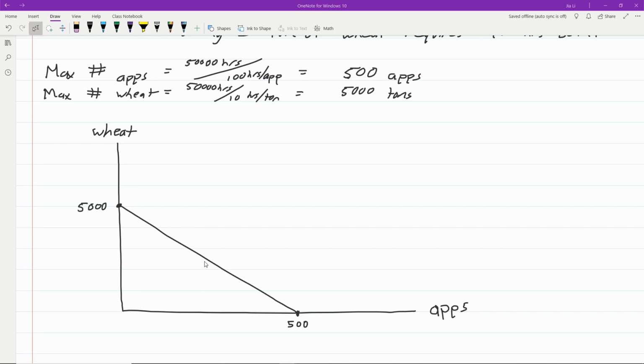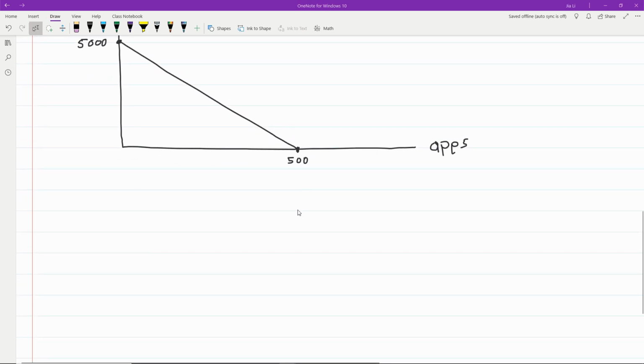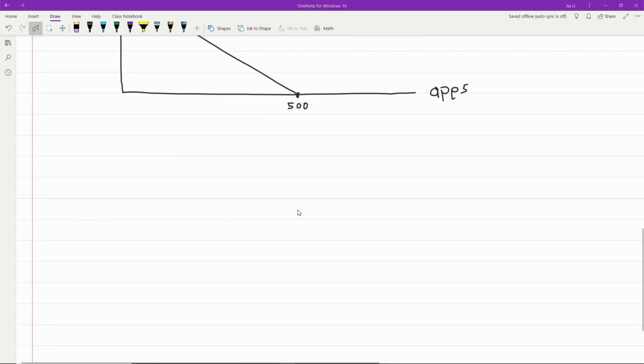It's the same type of idea here. We are using all of our resources, in this case labor, in order to produce some combination of apps, smartphone apps, and wheat. So on a PPF, this is in particular given a specific name called productive efficiency.